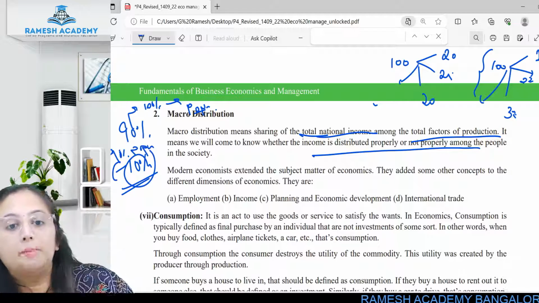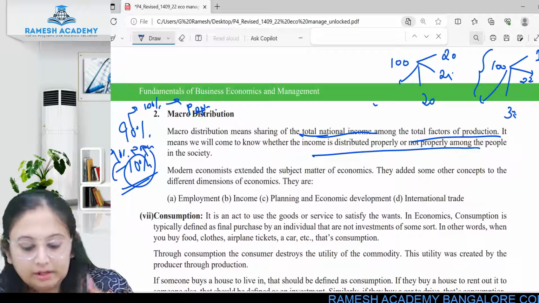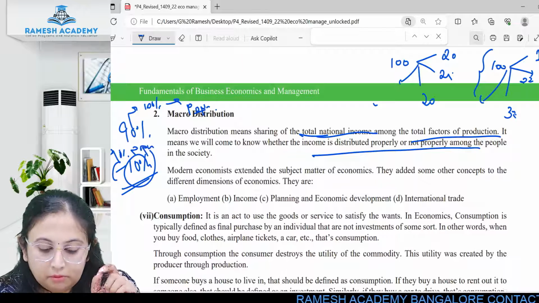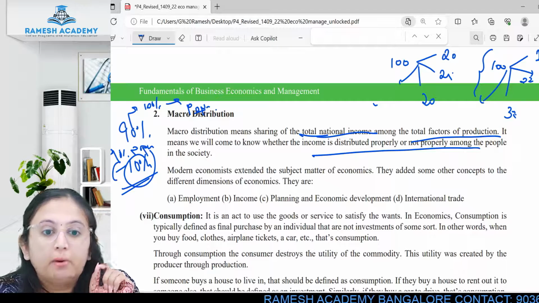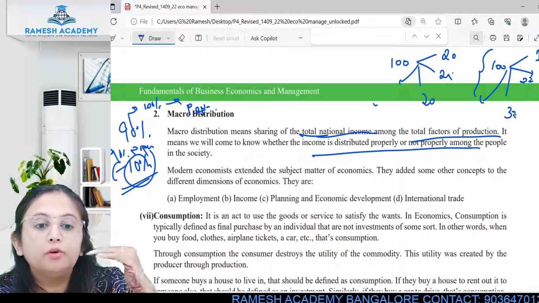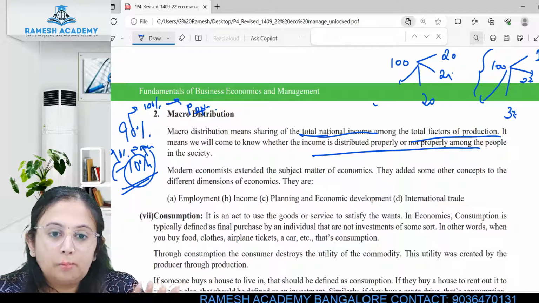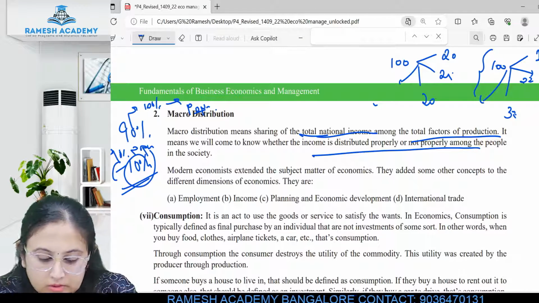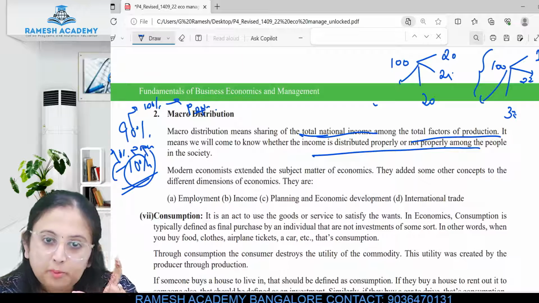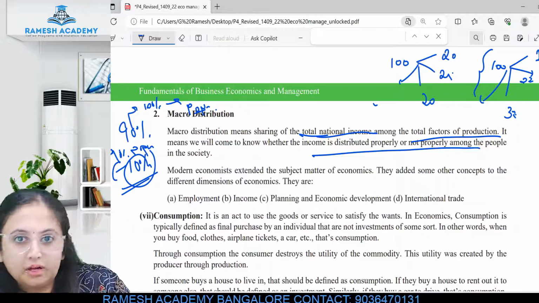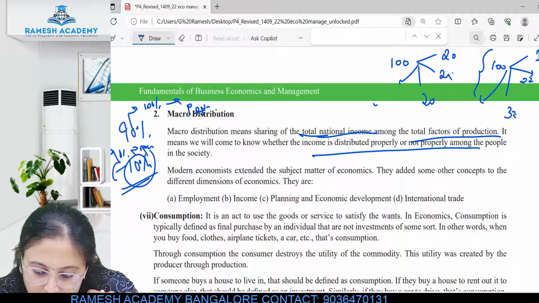This should not happen. So in order to understand that, this macro distribution is very, very important. So you need to understand from the point of view of a nation, whether they are properly distributed or not. So that is macro distribution. From the point of view of the nation as a whole, we are trying to understand.